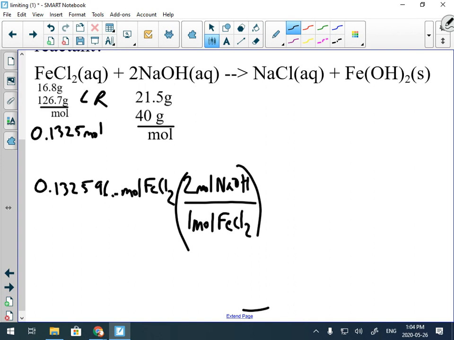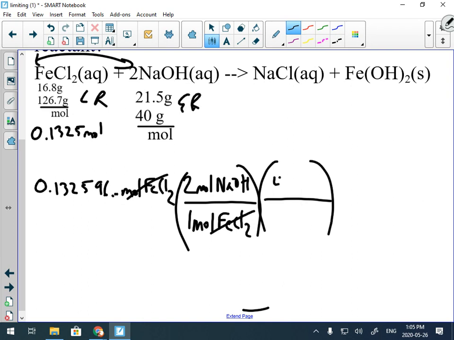That's the balanced coefficients right there, okay? That cancels. Then I'm going to times that by the molar mass of the excess, right? Because this is the excess reagent. So 40 grams sodium hydroxide over mole sodium hydroxide. So moles cancel. Now that gives me the mass of sodium hydroxide that we used.